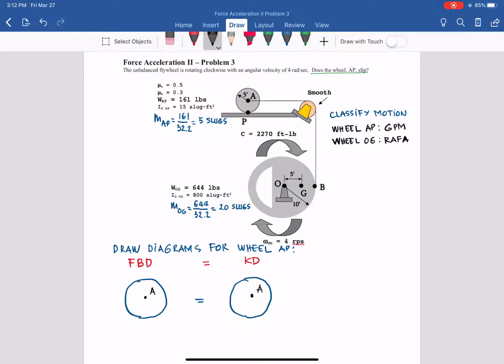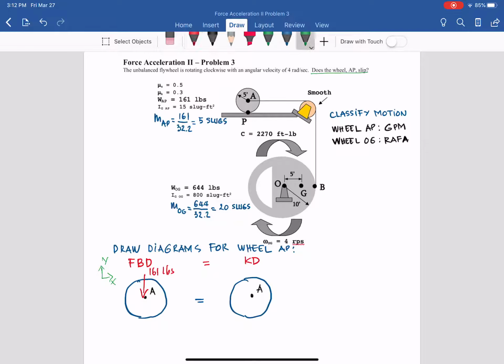Go ahead and draw the free body diagram on the left side with X and Y. We have the weight going down, which is 161 pounds.